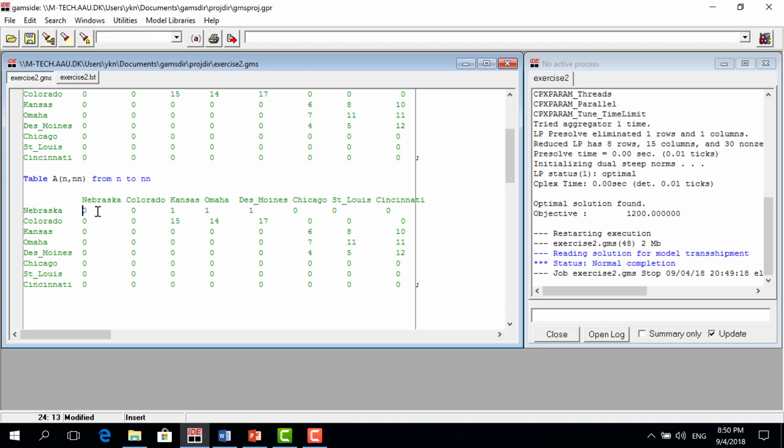Similarly, we can just copy here, put it here, and here we have 0, 0, yes, 1, this 1, and also this is 1. We can just copy this line and paste to this line also.